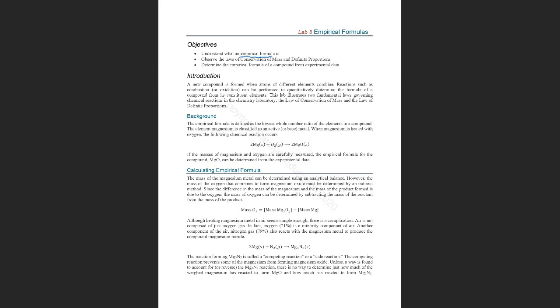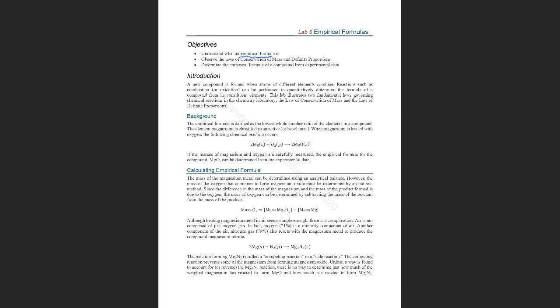It's a very simple concept that we will review shortly. The second objective is to produce a reaction. We will produce a reaction between magnesium and hydrochloric acid and calculate the empirical formula of the product.